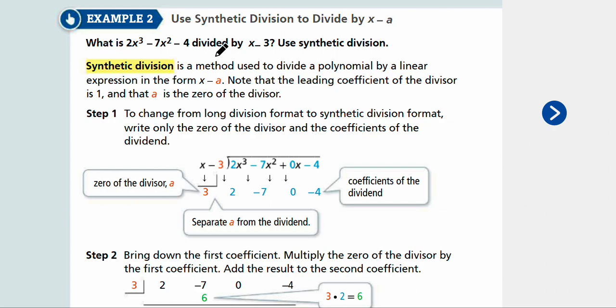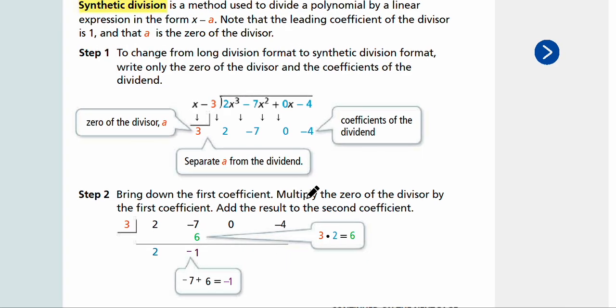You have to make sure that you write down the coefficient, okay? So that we know that each term is present, and we solve it by order. So 3 will be the divisor that we will divide by, and 2, -7, 0, -4 represent the coefficients for each term in the dividend.